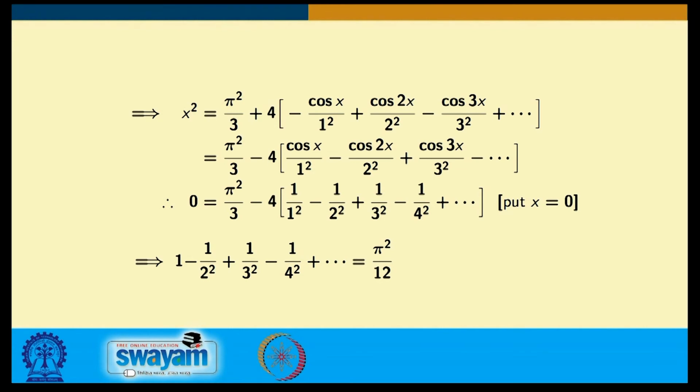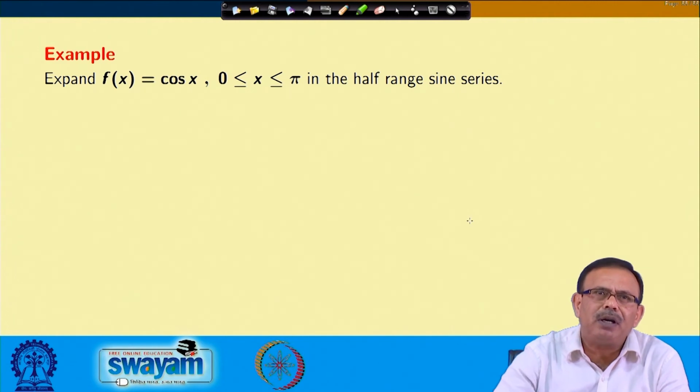To get the value of the required series 1 plus 1 by 2 square minus 1 by 3 square, like this, we are putting x equals 0. So, the value of the series 1 minus 1 by 2 square plus 1 by 3 cube, like this way, is pi square by 12. Let us take one more example.